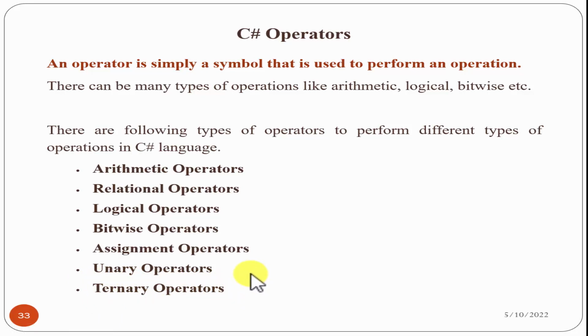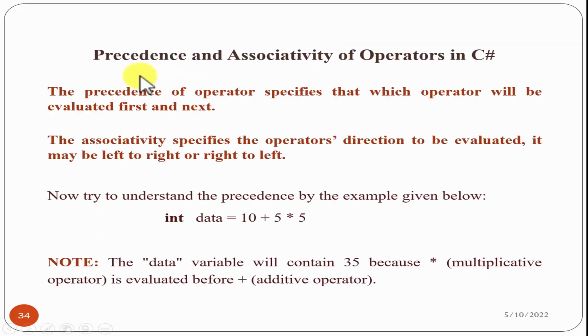Then we will discuss these in a proper way. Precedence and associativity of operators in C#. What do you mean by precedence? Precedence is a computation capacity: which operator will perform first and which operator will perform second. We have already studied this in mathematics, like in the European standards, PEMDAS, meaning parenthesis, multiplication, division, addition, subtraction.